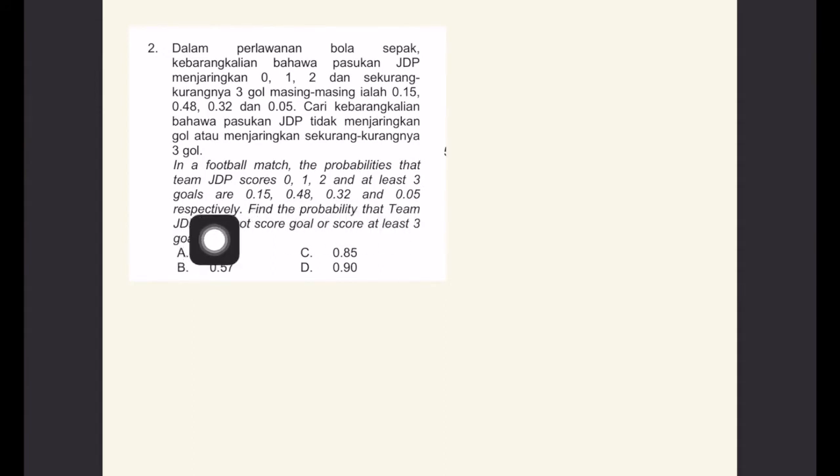Respectively means in sequence based on the description above. Find the probability that team JDP does not score a goal or scores at least 3 goals. Here we see there are two situations: JDP does not score a goal, or scores at least 3 goals.